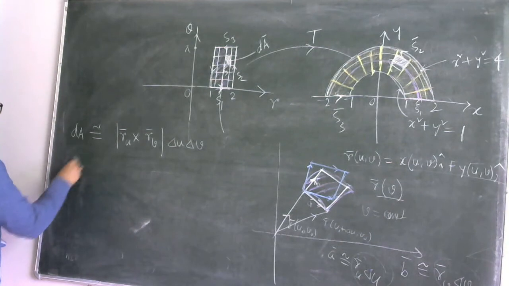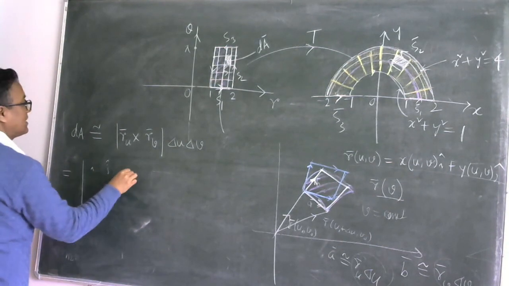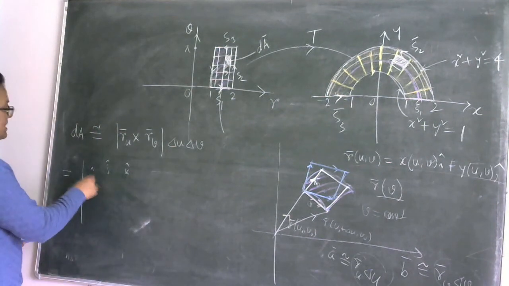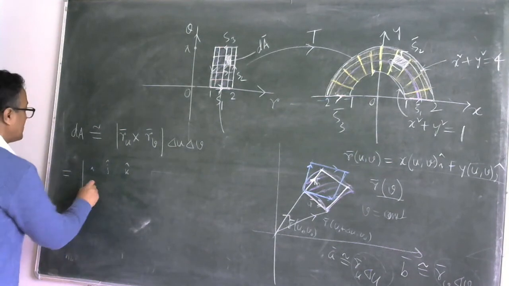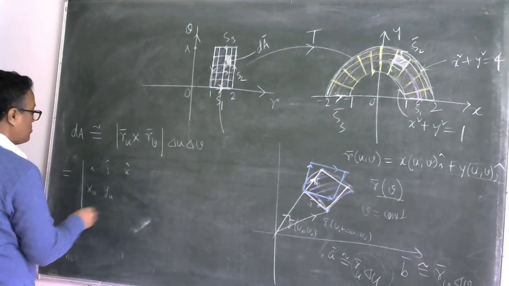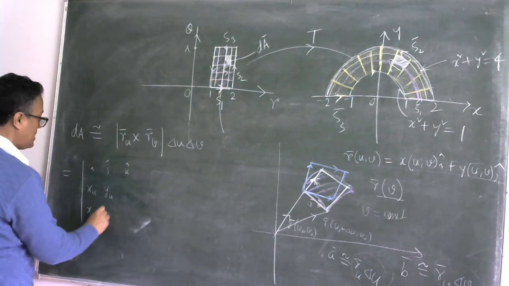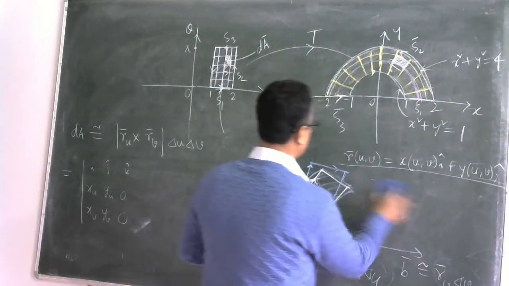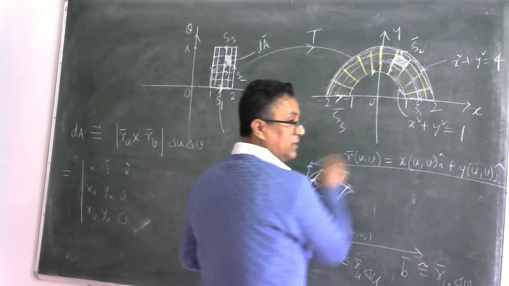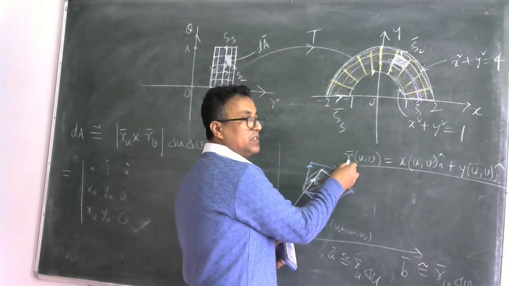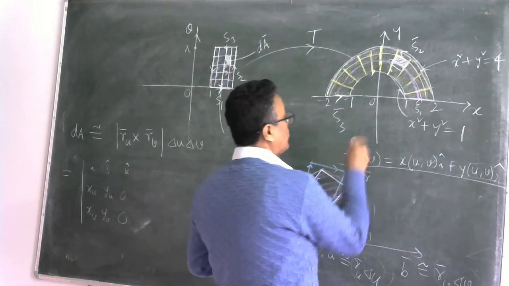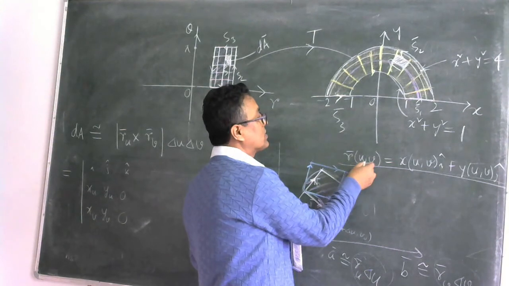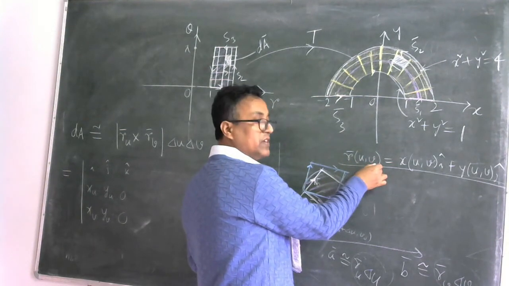Now, if you look at this, this is going to be simply the determinant with i, j, k, and here I am simply going to get x_u, y_u, 0, and x_v, y_v, 0. Because if you look at this function, when I have kept v constant, r at, say, u naught v naught.